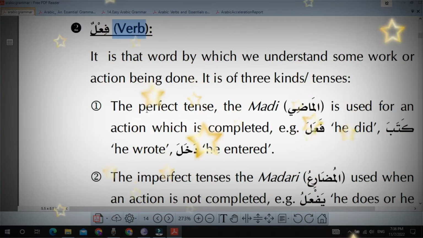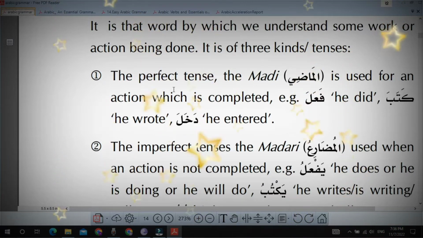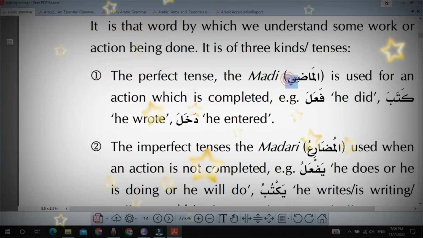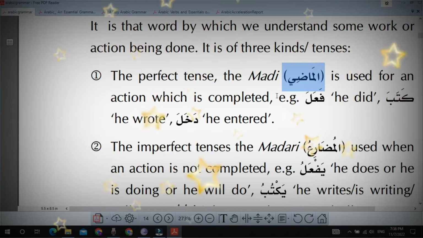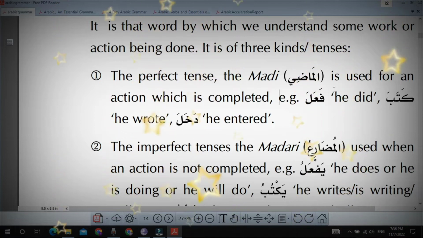The first kind is called perfect tense or the past. The Arabic word is al-Madi. The Madi. This is used for an action which is completed.